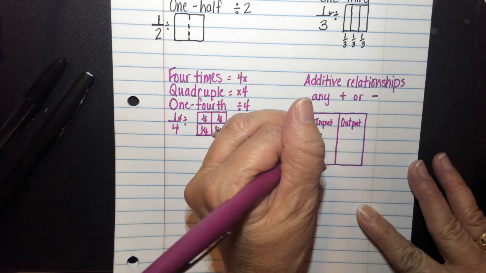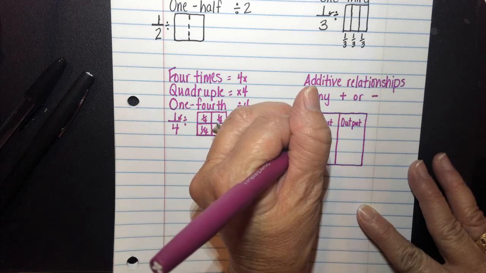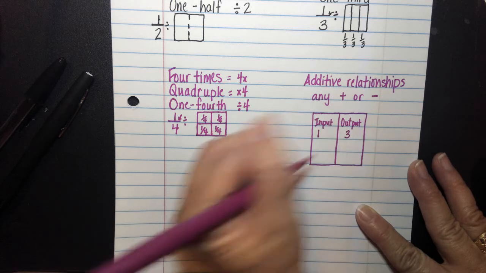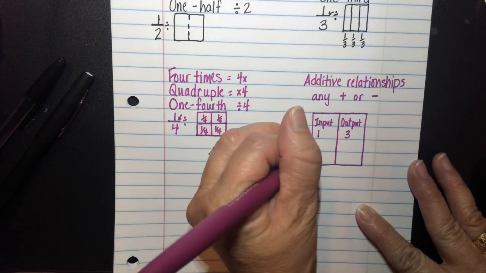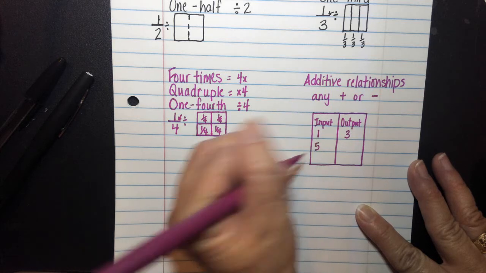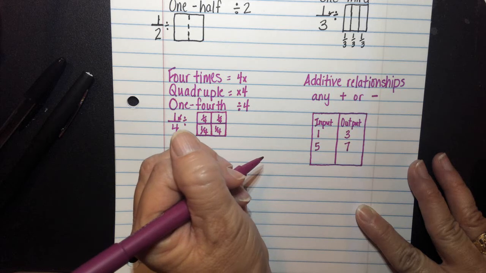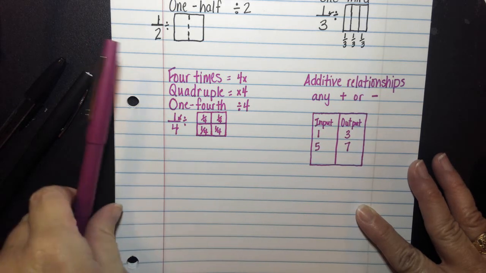So if I'm thinking about the left-hand side being 1 and the output is 3, and if I'm thinking about the input as 5 and the output is 7, I have to think about that relationship there.